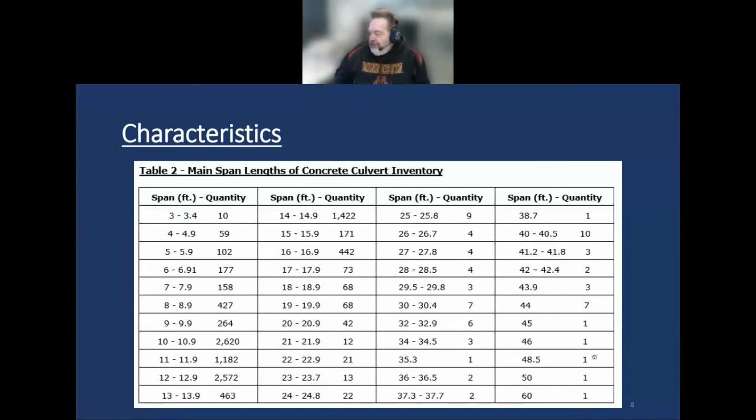The 60 foot certainly is an outlier, and it's really pretty small numbers until you get below 20 feet, and the bulk of them is really from 16 feet. Between 8 and 16 feet is where the bulk of the spans will show up on the inventory, and that 8-foot to 16-foot range is something that we've used when we did the refinement work later on.